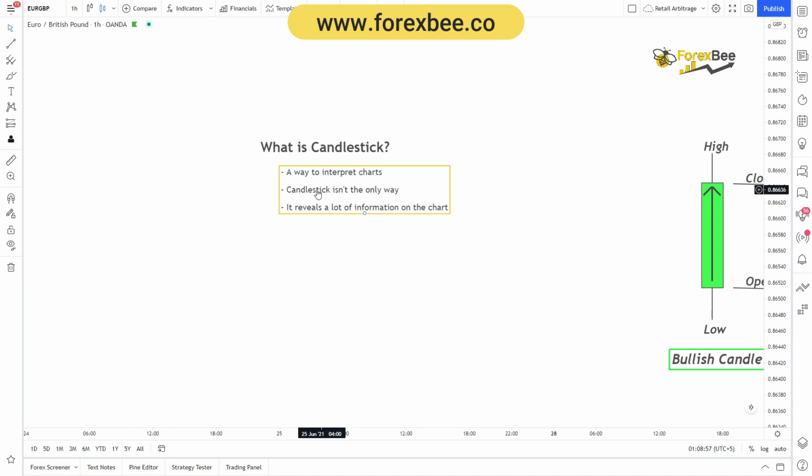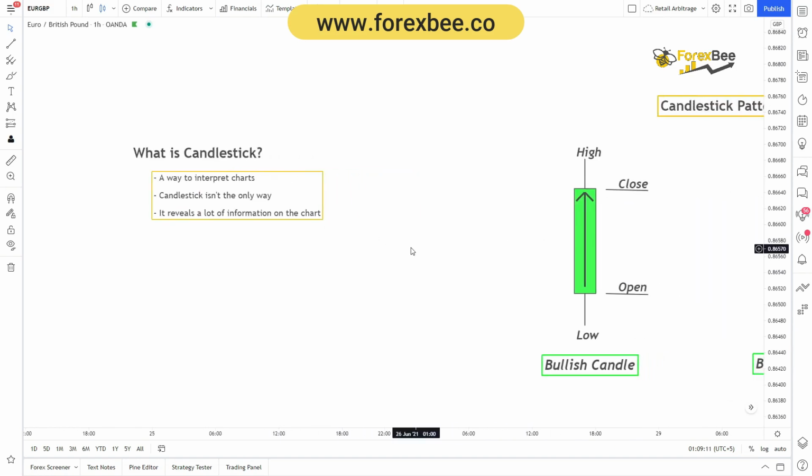Mostly traders use candlestick patterns because they reveal a lot of information on the chart, okay? They give us all the data that we need in order to place our trade or make a decision, like the high, the low, the close and the open, which we're going to discuss next.